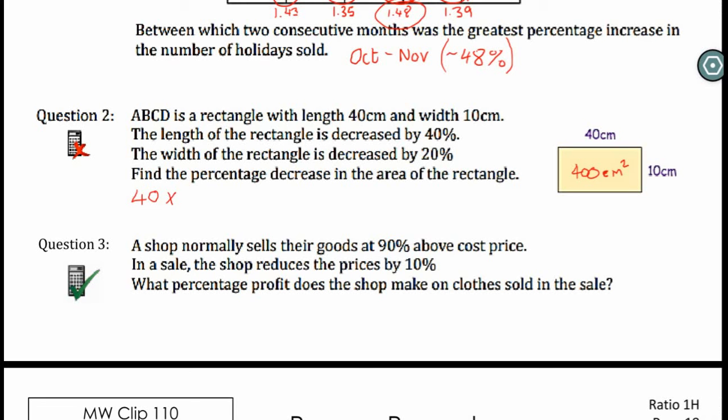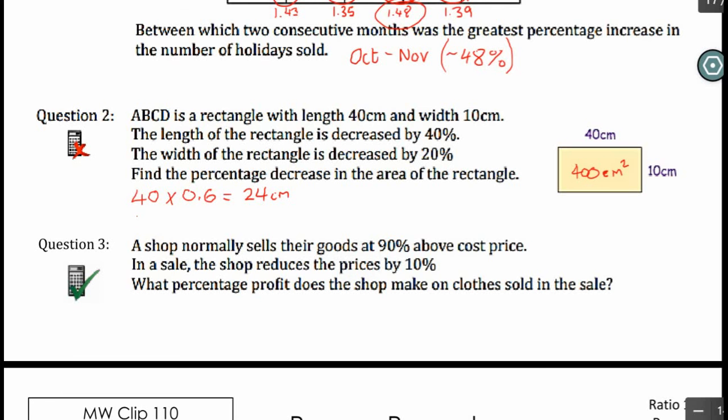Well, taking away 40% from 100% would leave 60. So we're going to times by 0.6. And 4 times 6 would give 24. So 40 times 0.6 would give 24. So the new length is 24.